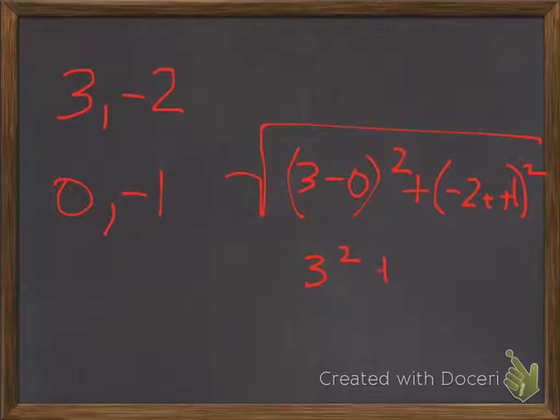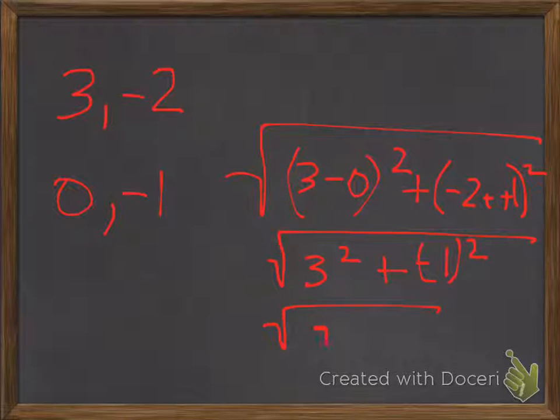So I have 3 squared plus negative 1 squared, or 9 plus 1. And we can write that as the square root of 10, or we can round that to the nearest tenth and write it as a decimal.